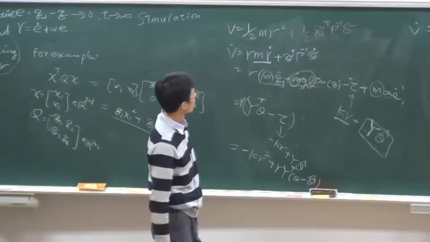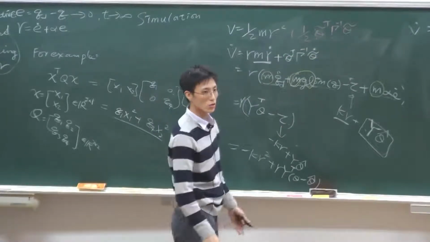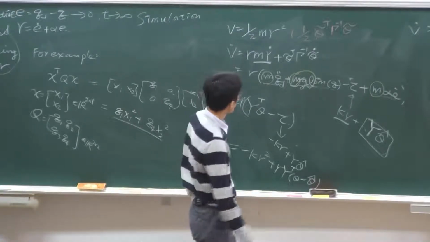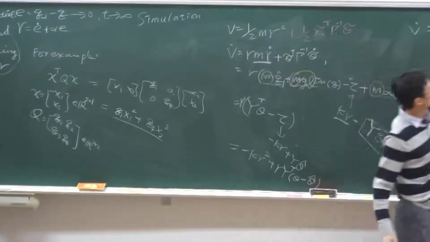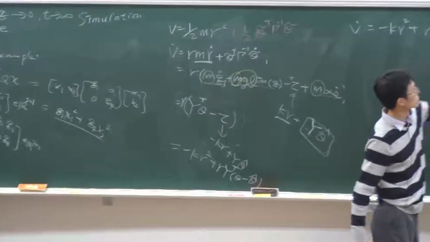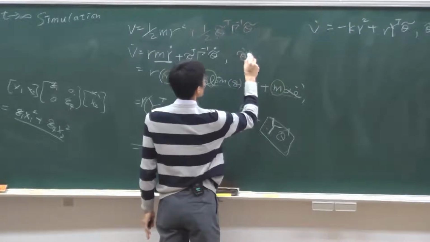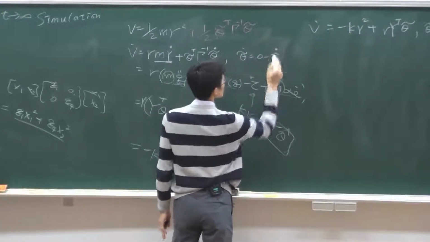Okay, and the 1/2 will go away because it's squared, it's quadratic. Because this is constant, when you take the time derivative, this will be 0. This is a function of time, so it will be 0 minus dot.